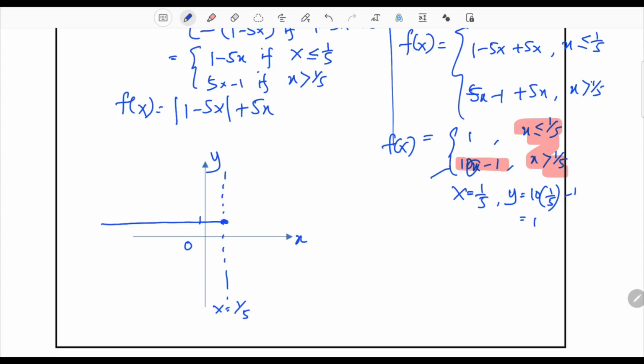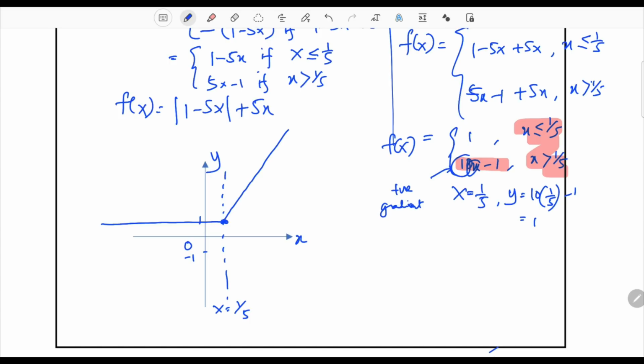You can see that the gradient is positive, so it is slanting to the right. The graph should look something like this. When x is 0, we need to see that f(x) is negative 1. So this is negative 1, and it will be something like this. We only want the right side of 1 over 5.